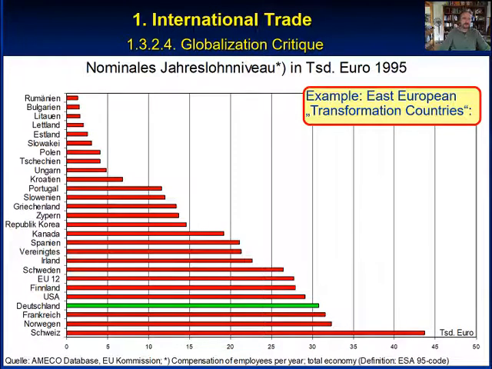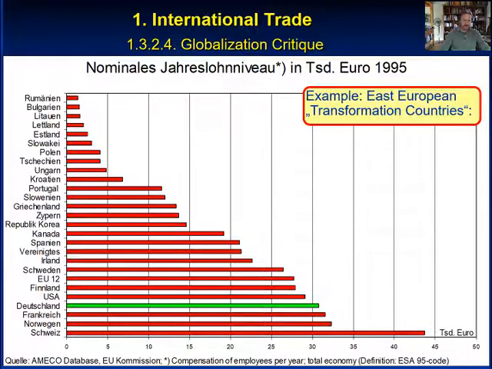When the East European countries opened their economies as the Soviet Union broke up, they had a similar experience to the Southeast Asian Tiger States. This diagram shows the average hourly wages measured in dollars in the year 1995 for a couple of East European countries and developed Western countries.